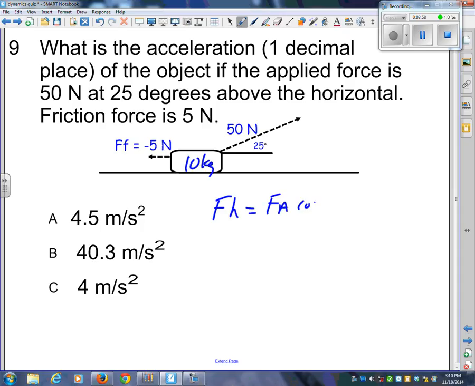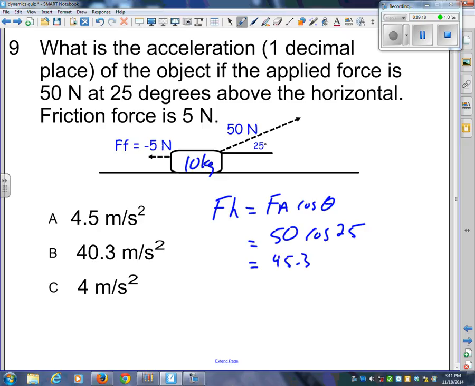FA cos theta. 50 cos 25. 45.3, I think, right? Yes. 45.3. That is the horizontal component.